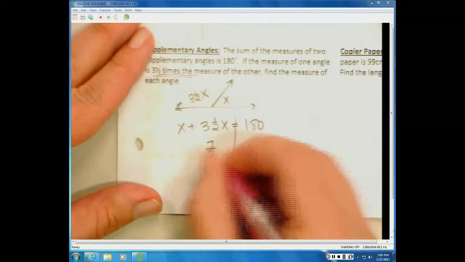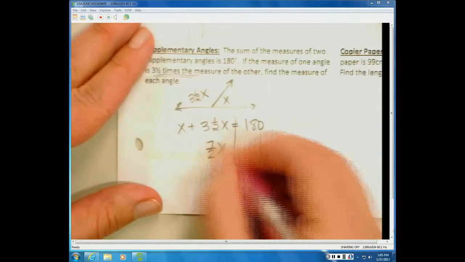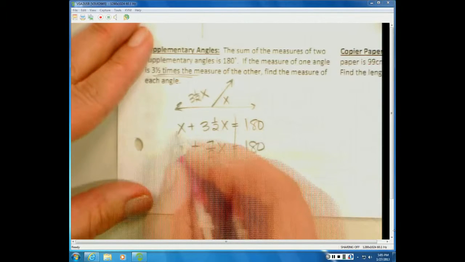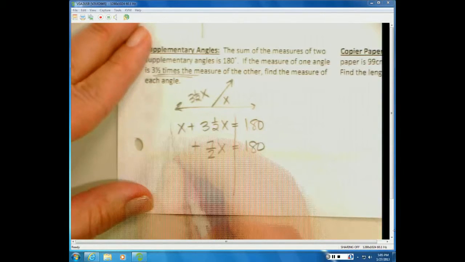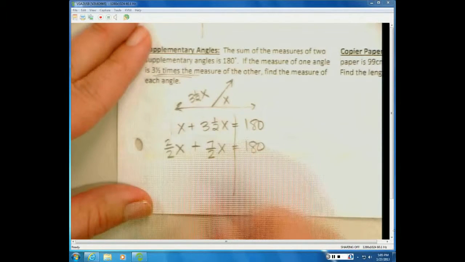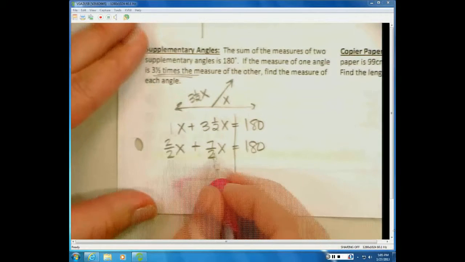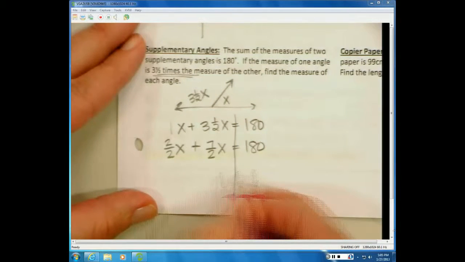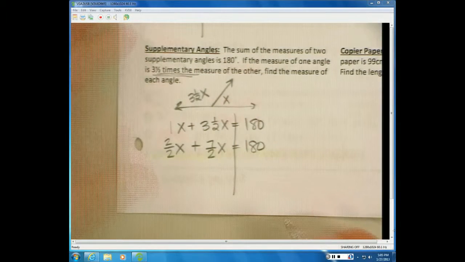I would write this as 7 over 2x. And then because we're adding these, this is really 1x, isn't it? I could rewrite 1 as 2 over 2. Now I have a common denominator, and I can add them to get 9 halves x equals 180, multiply by the reciprocal, and you get the value for x.